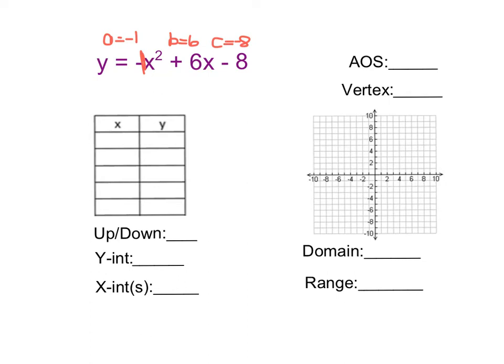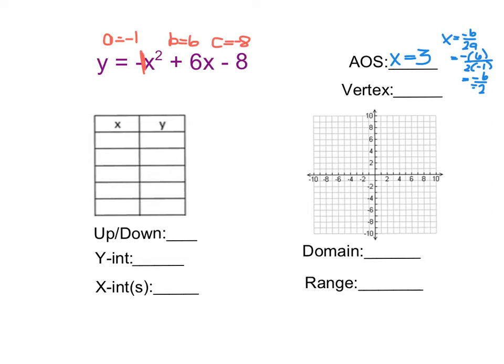My axis of symmetry is calculated by using x is equal to -b over 2 times a, which is really -6 divided by 2 times -1, which turns into -6 over -2. So my axis of symmetry is x is equal to 3.